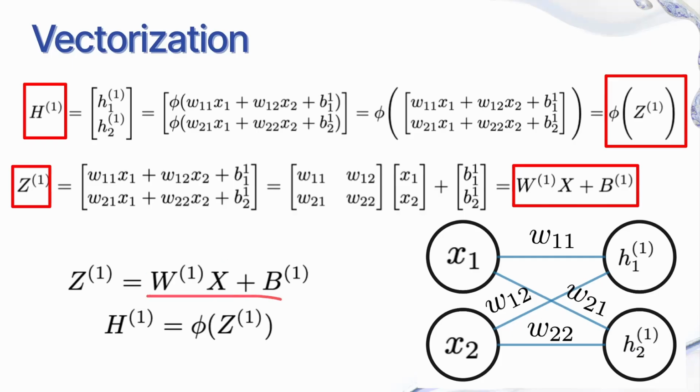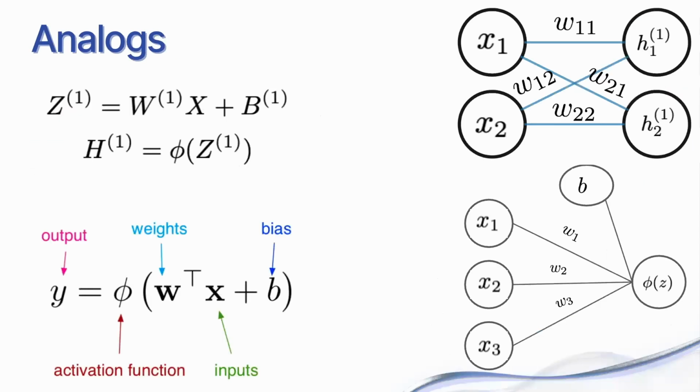This is fundamentally a weighted sum surrounded by our activation function. We're doing this for every single node and the connection to every single node in front of us. That's fundamentally what we're doing. Again, as an analogy to our previous example, we have our weighted sum that's been wrapped by our activation function.